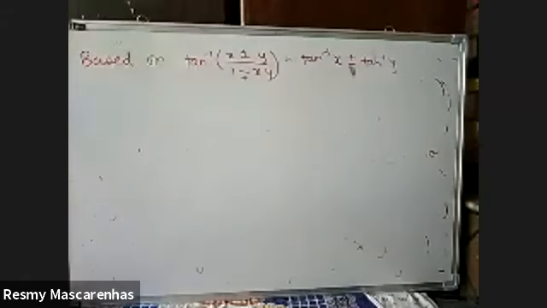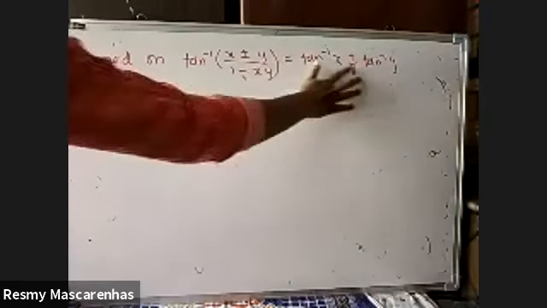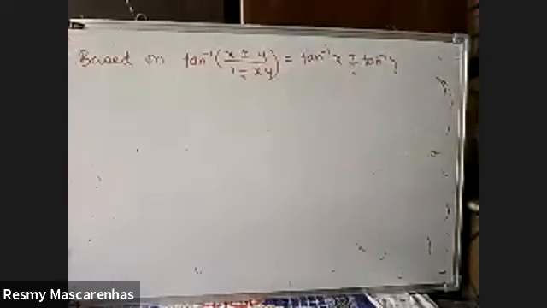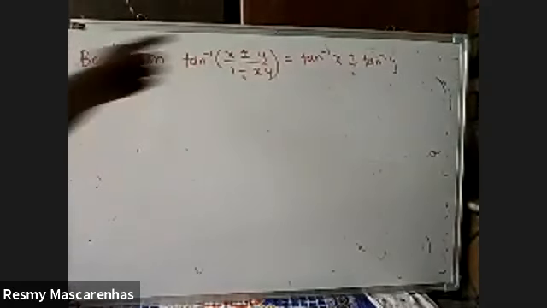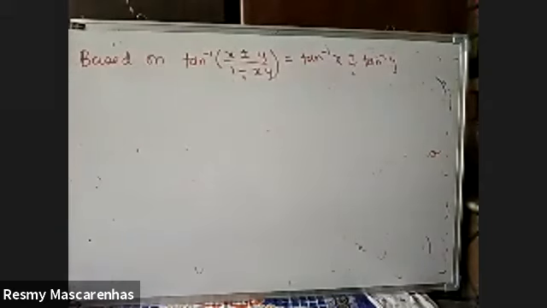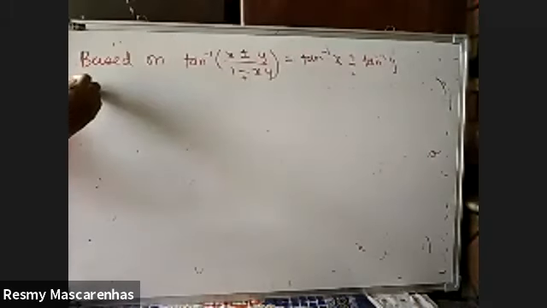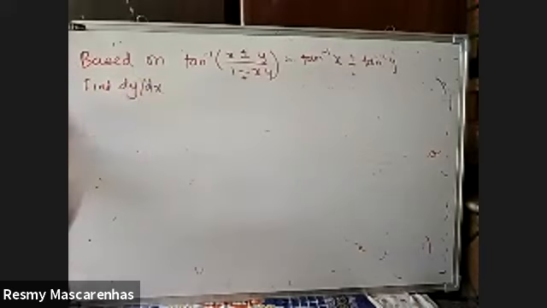Based on this formula from inverse trigonometry, tan inverse of x plus or minus y will be equal to tan inverse of x plus y upon 1 minus xy. If this is plus, this will be minus. If this is minus, this is plus. Okay, so again the question is find dy by dx.